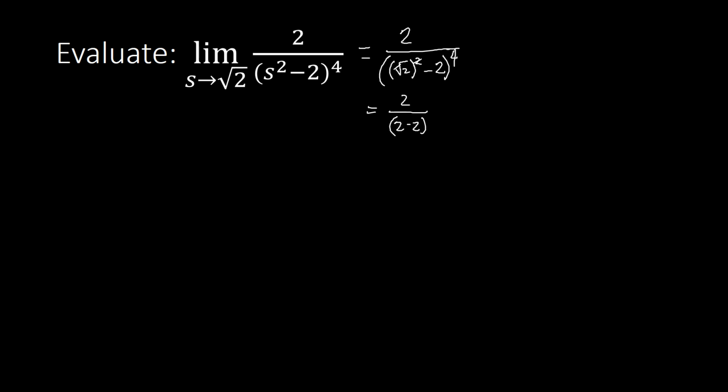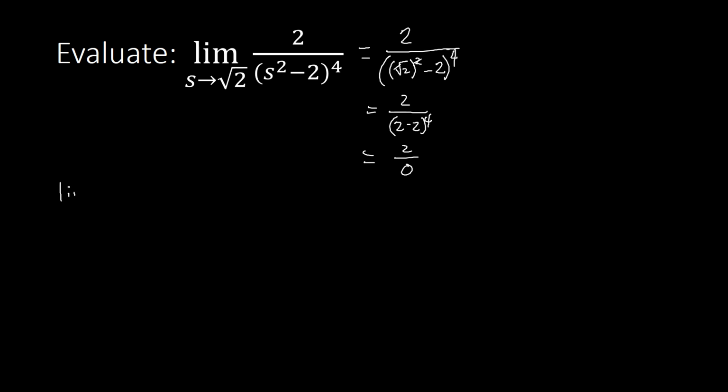This would lead to a 0, so we've got a 2 over 0 raised to the power of 4, that is a 0. So that is why we have to check our left and right hand limit. And then there will be 3 possibilities here, whether we've got a positive infinity, a negative infinity, or a DNE. So let's try to check that one out.